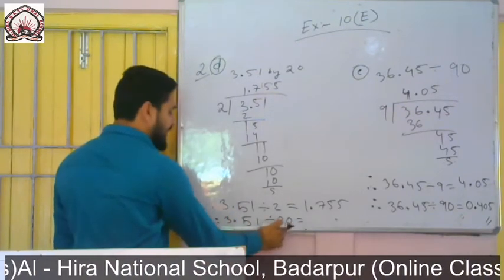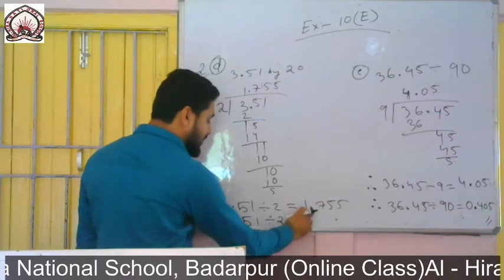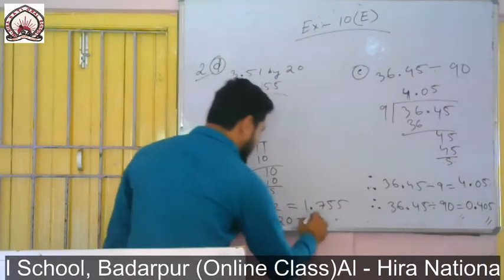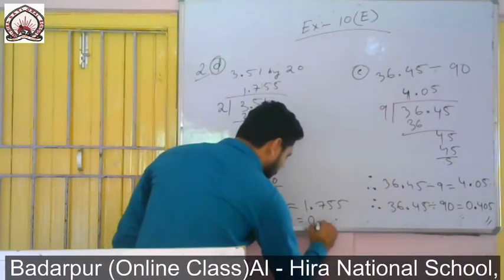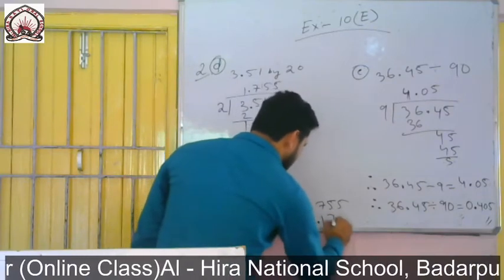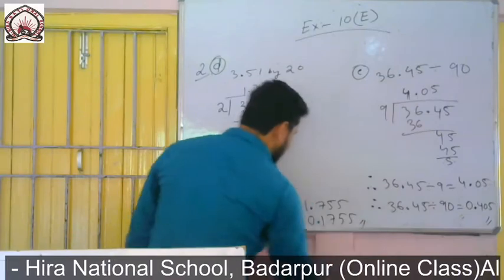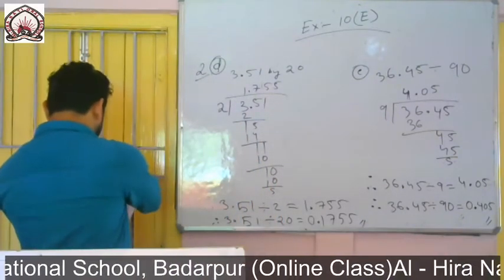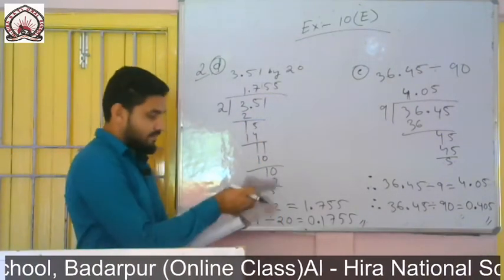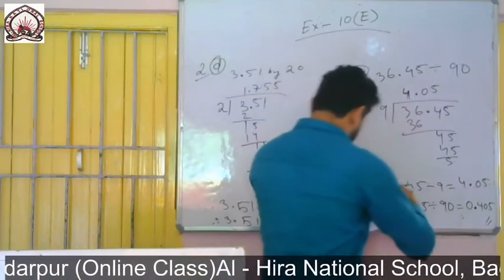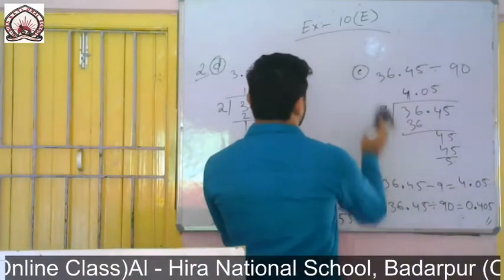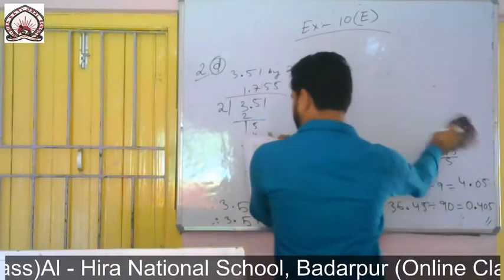You see the divisor 10 is there, so the decimal will shift one place left. So like this it will come 0.1755. That is the answer, 0.1755. Okay, now come to question number 3.